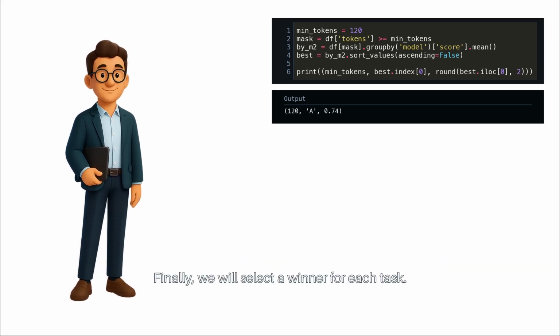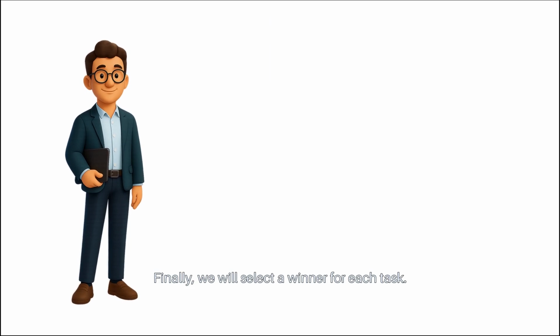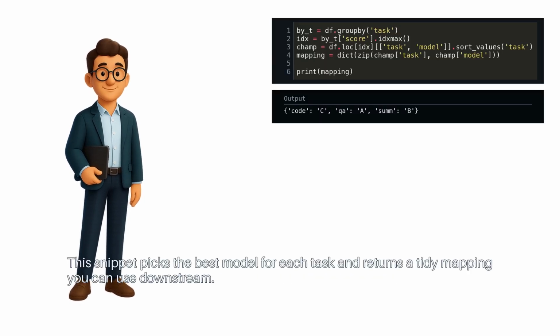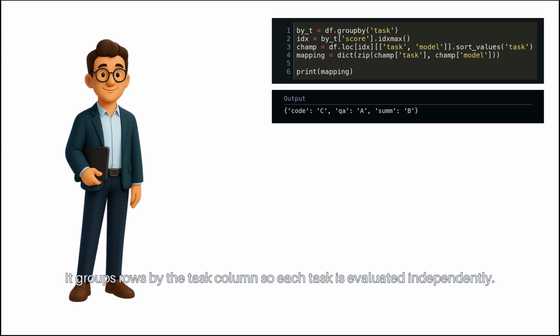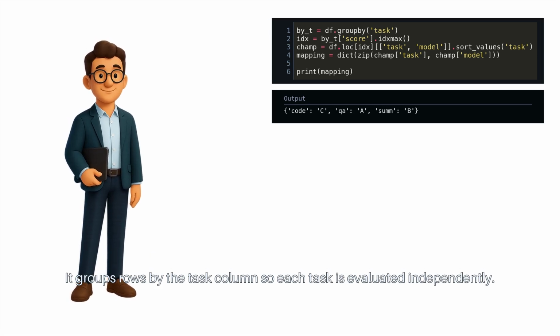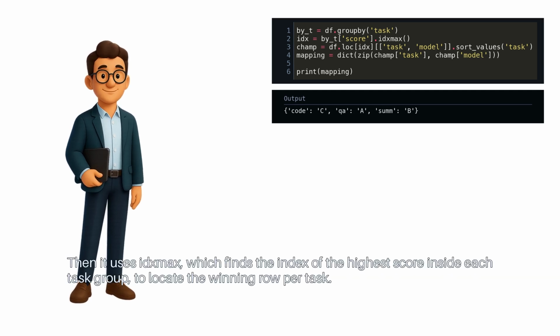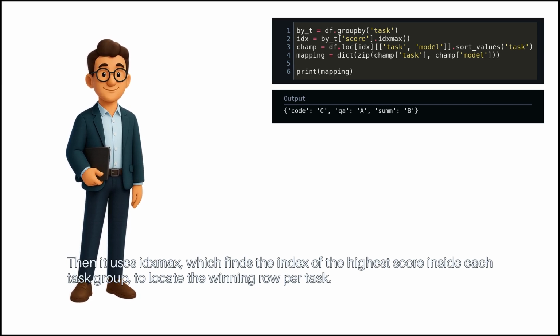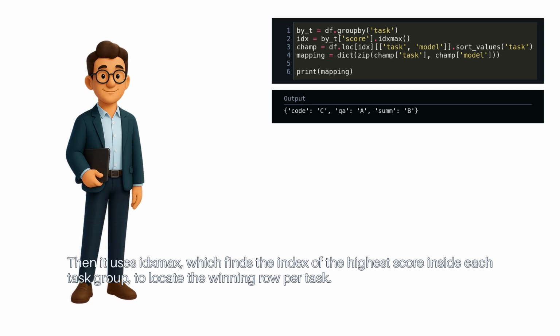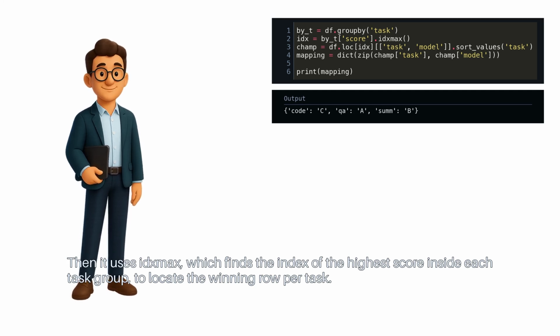Finally, we will select a winner for each task. This snippet picks the best model for each task and returns a tidy mapping you can use downstream. It groups rows by the task column, so each task is evaluated independently. Then it uses idxmax, which finds the index of the highest score inside each task group, to locate the winning row per task.